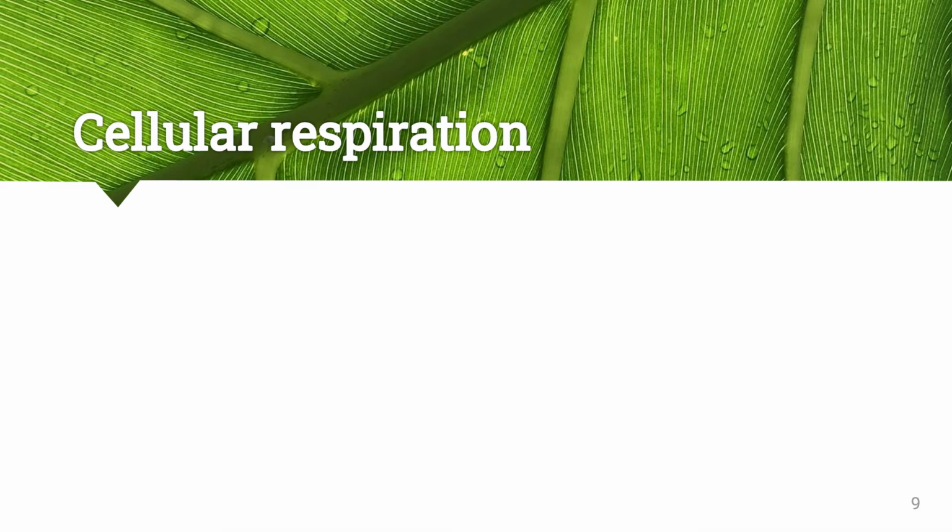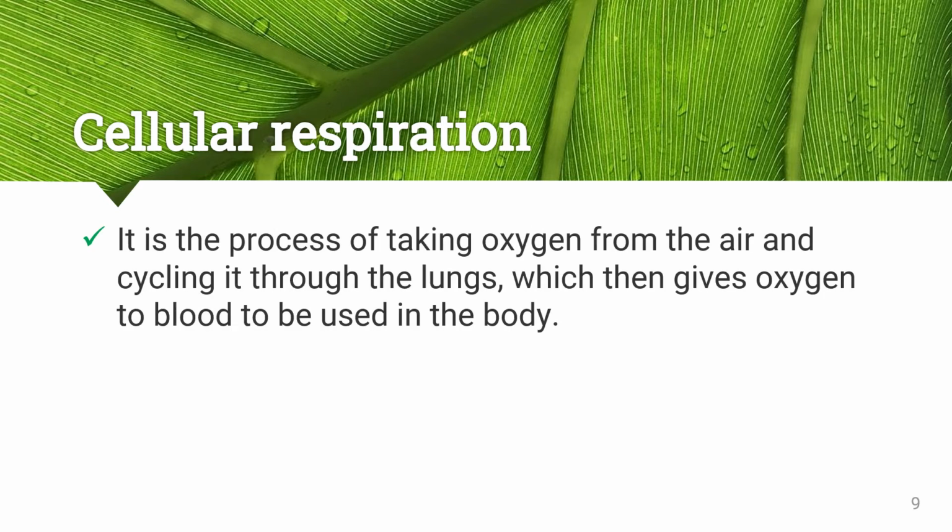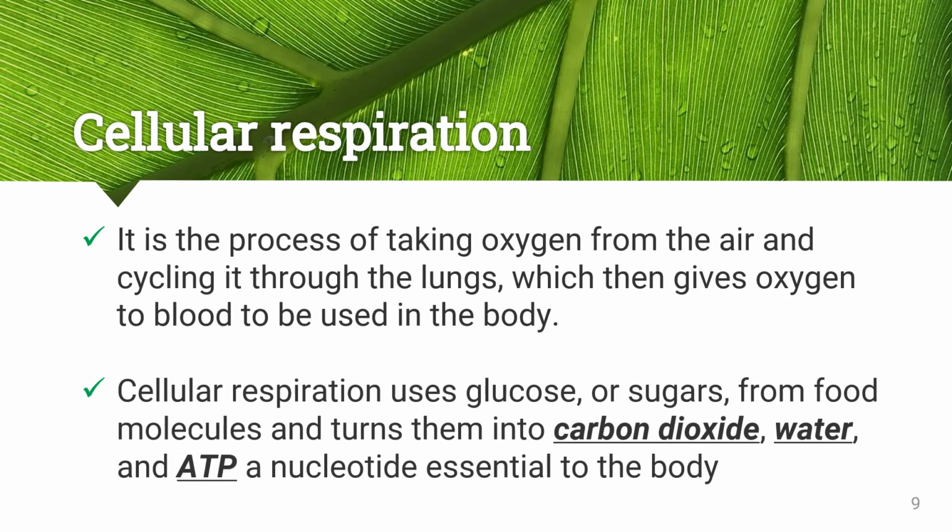Let us now talk about cellular respiration. It is the process of taking oxygen from the air and cycling it through the lungs, which then gives oxygen to the blood to be used in the body. Cellular respiration uses glucose, or sugar, from the food molecules and turns them into carbon dioxide, water, and ATP, which is a nucleotide essential to the body.